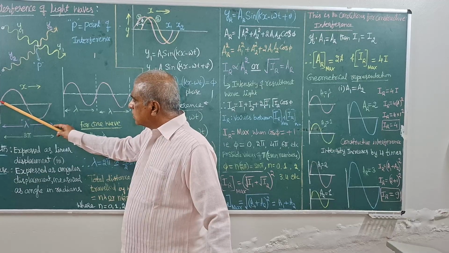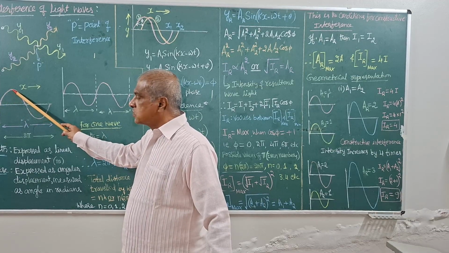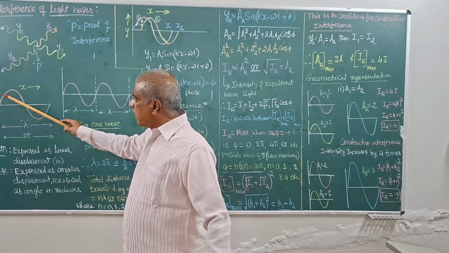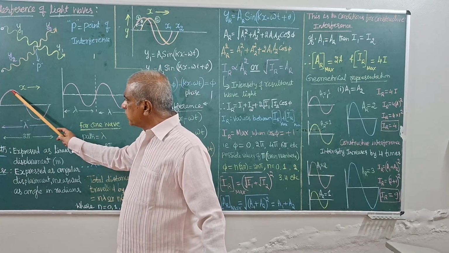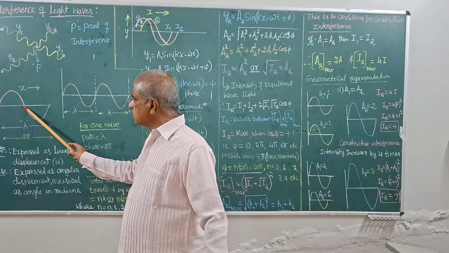From 0, some radians, increase the radians. Here pi by 2 is the radians. The value of the angle is pi by 2 in radians. And further increase like this becomes pi.